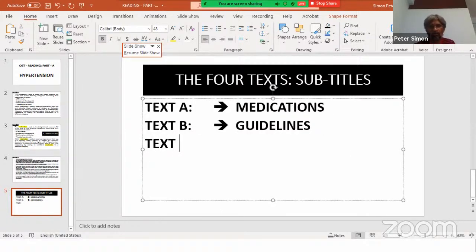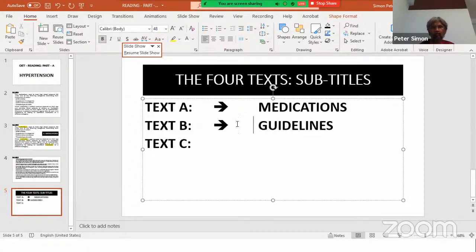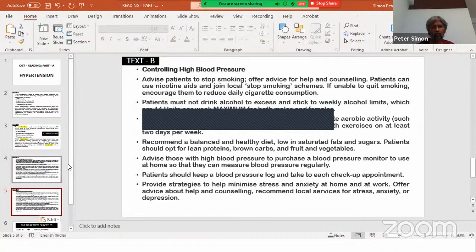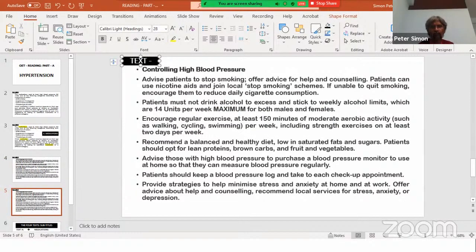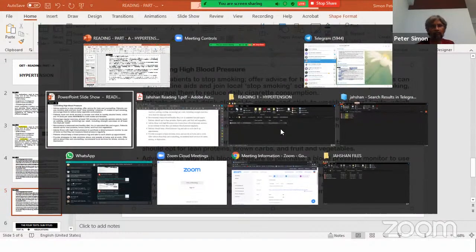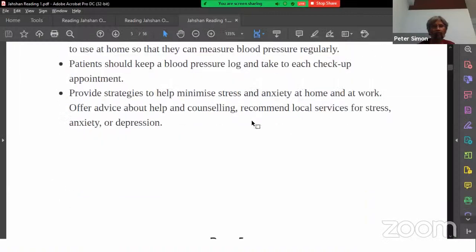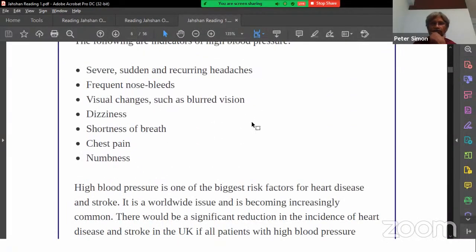Next is text C. Starting it will be a little difficult, but afterwards it will be very easy for you. So the next one is text C.